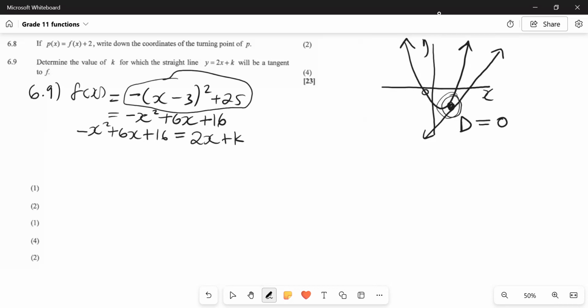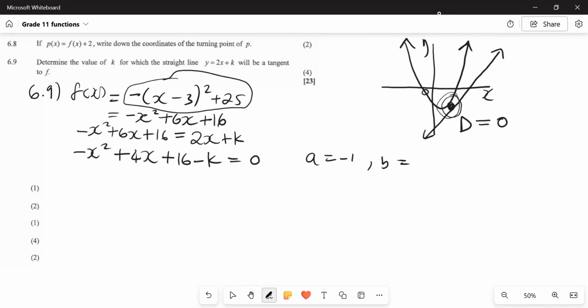Now let's transpose everything to the left-hand side. So you have minus x squared, 6 minus 2, that's positive 4x, and then we have 16 minus k equals 0. From here, the value of a is the coefficient of x squared, that's negative 1.